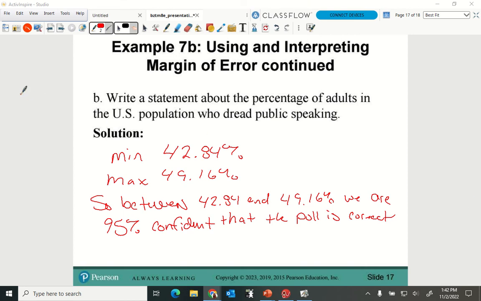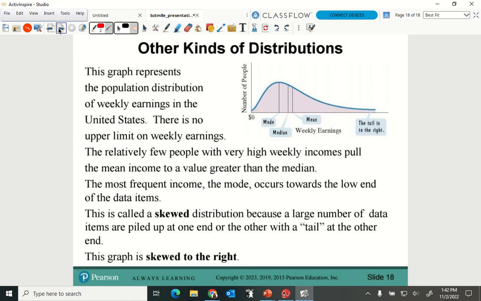All right, so let's take a look at, I think there's another example, isn't there? Ooh, yeah, right here. So on this graph, it says population distribution, weekly earnings, United States. Now, is this a bell curve? No, it's not a bell curve. It's not symmetrical, is it?